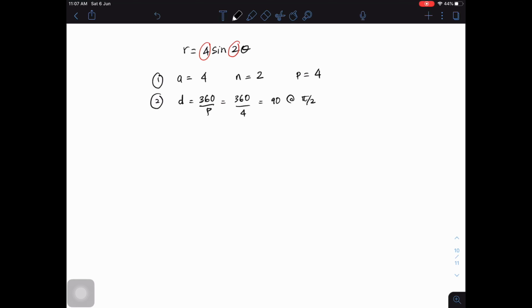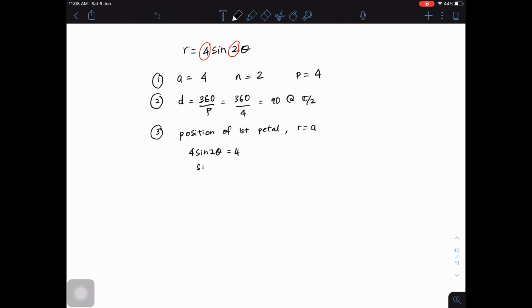The third step is you need to know where is the first position of your first petal. To know the position of the first petal, we need to let r equal to A. So now A is equal to 4, therefore you will have the equation 4 sine 2 theta equal to 4.